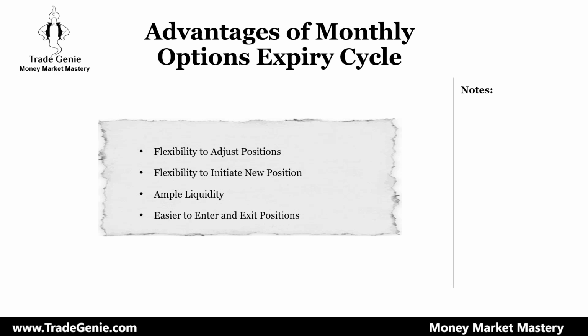August is the current month, so it's called the current month. We are in the current month of August, and then there is something called the subsequent month. The subsequent month of August is September. So when we have multiple months listed, then we have the flexibility to adjust the position. You can buy October calls.